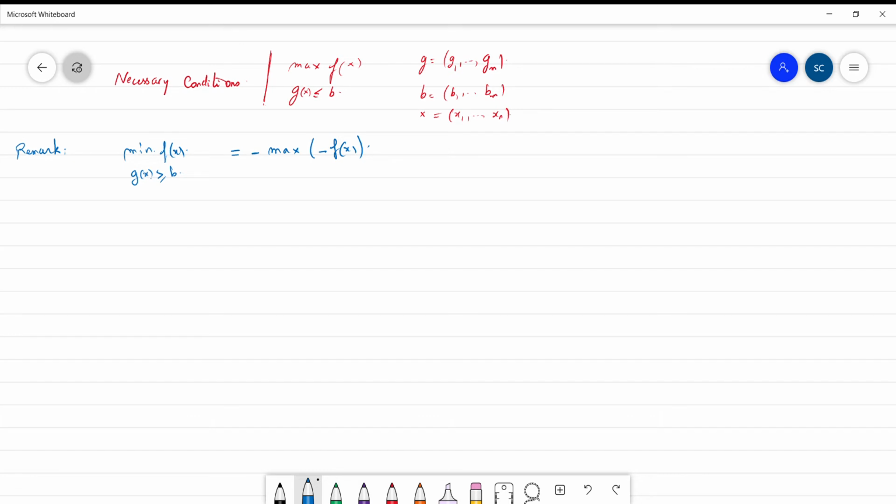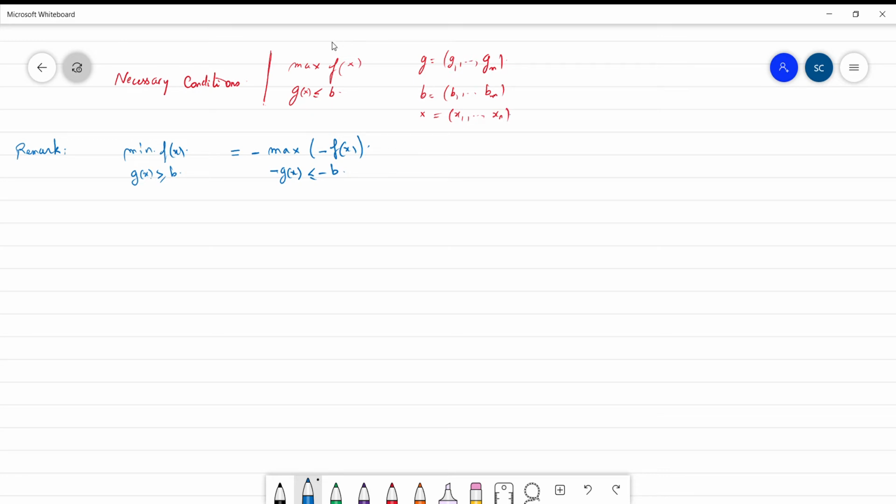Then take the minus, and the condition minus g of x can be changed to less than minus b. So we can always have an inequality in this direction.